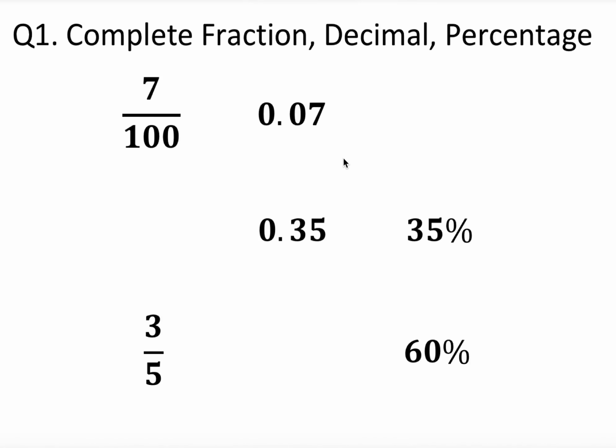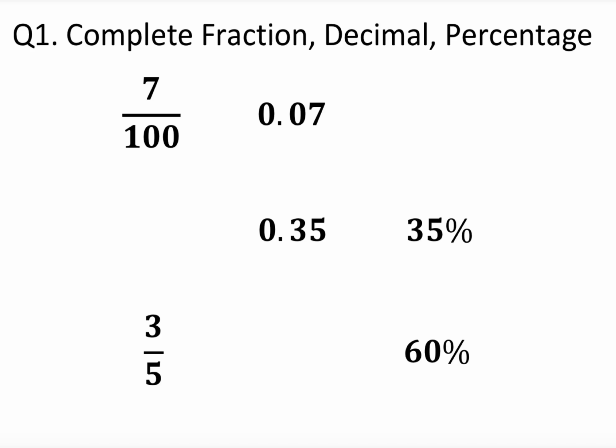Right, this is the old classic. Fractions, decimals, percentages. So we've got the values on the screen, and then we've got to get the values in each type of fraction, decimal, or percentage. So the first one we've got in. We've got 7/100.